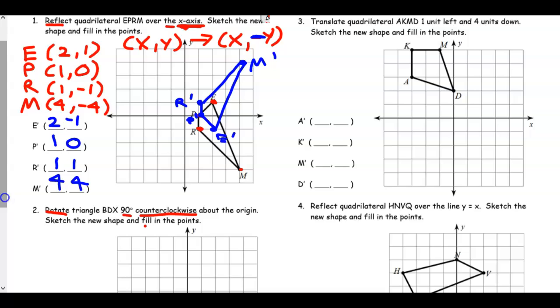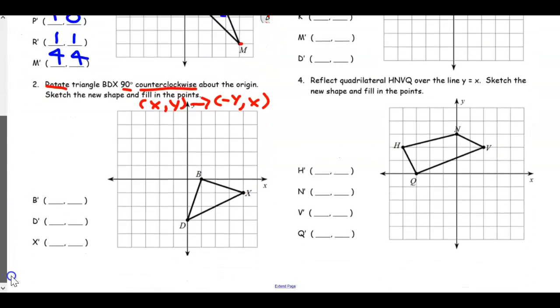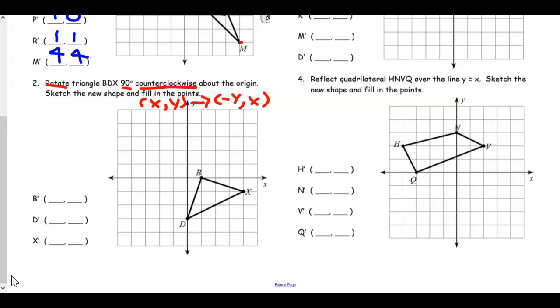Okay, let's write that at the top of number 2. xy becomes negative yx. Okay. All right. So for BDX, we got to find those original points. What's point B? 0, 1, or 1, 0?